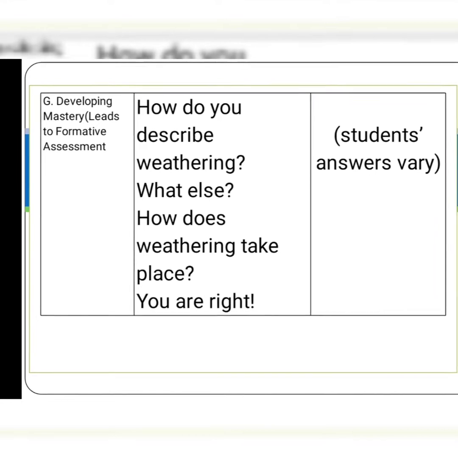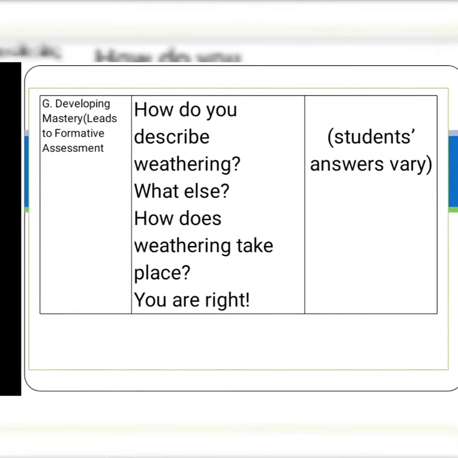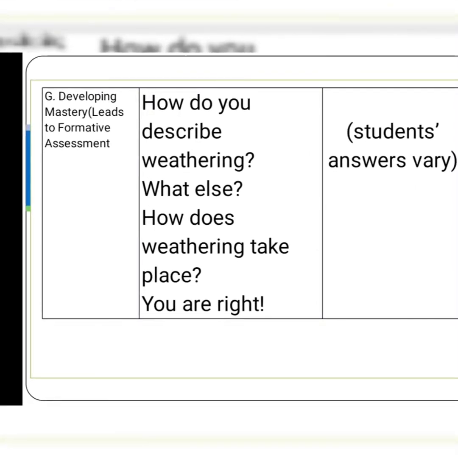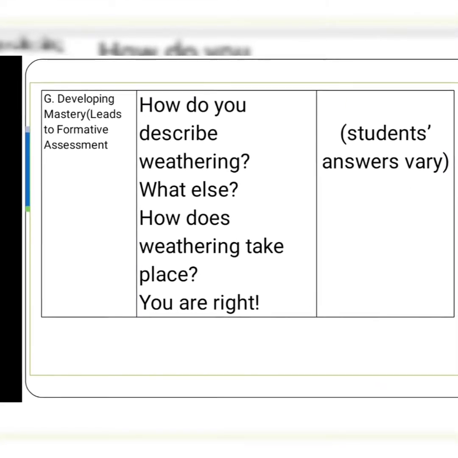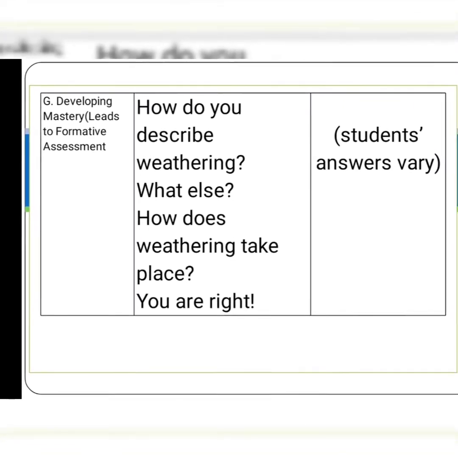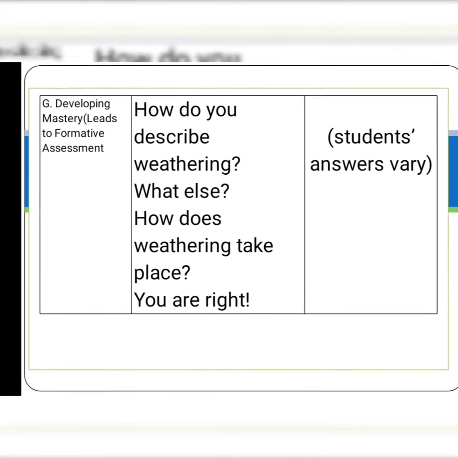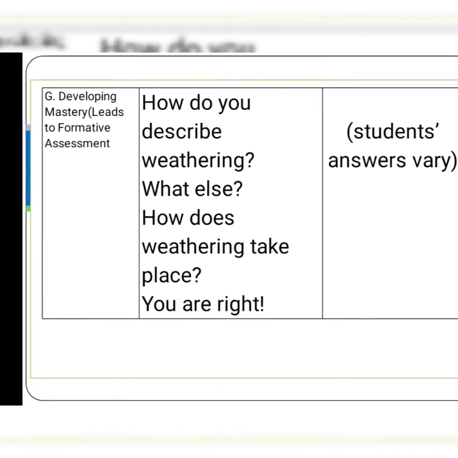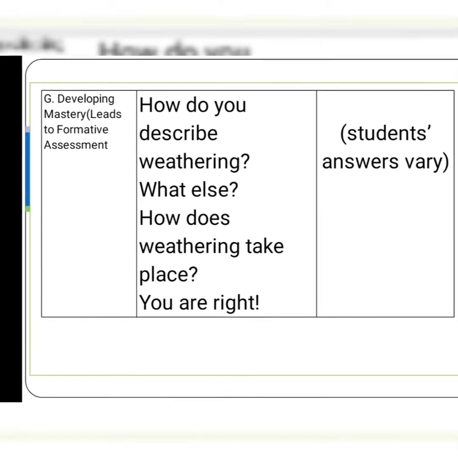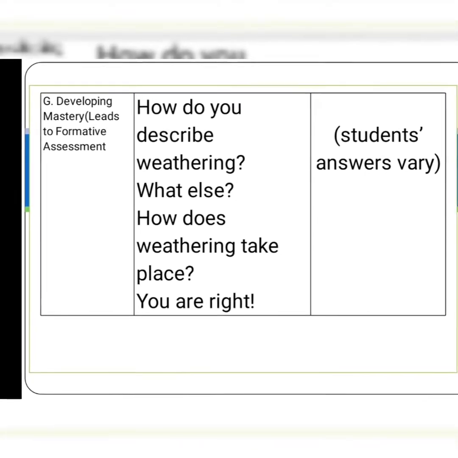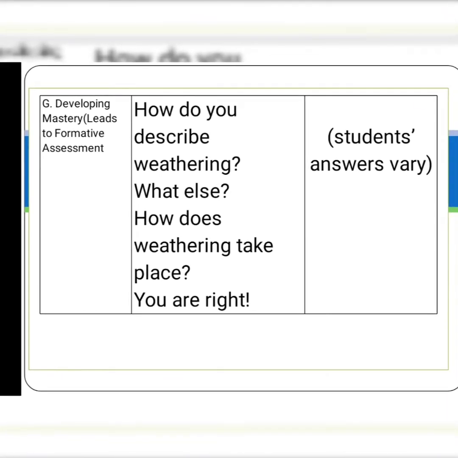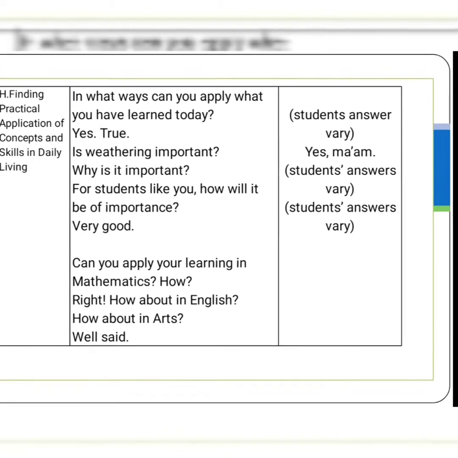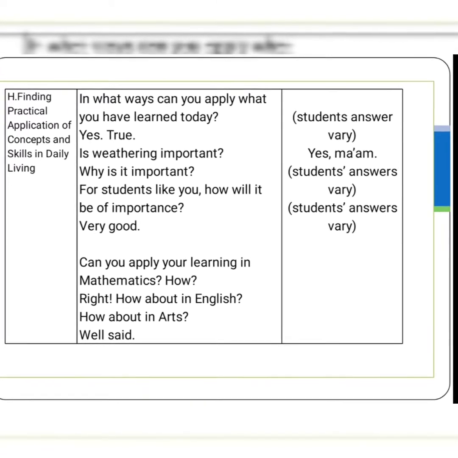So you can ask how, why, and other questions that are related to the lesson, of course, and let them answer. You have to solicit every idea from your students. And do not forget to commend, to praise, to acknowledge your students after they gave the answer.